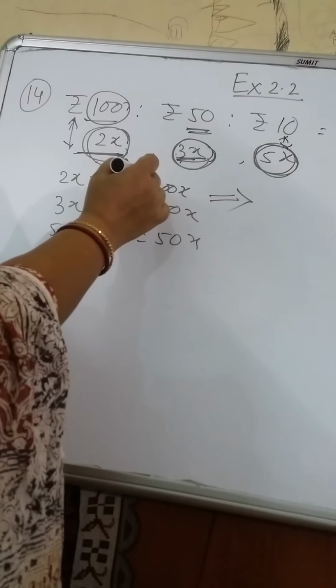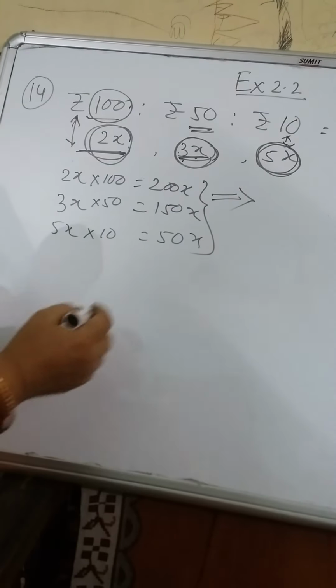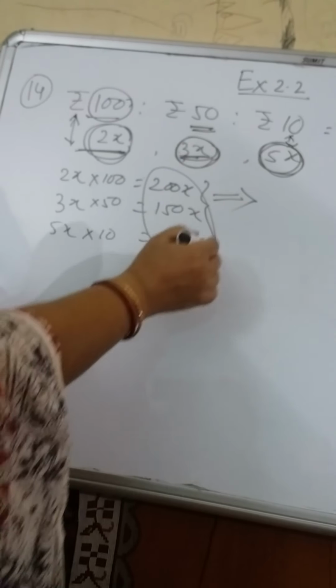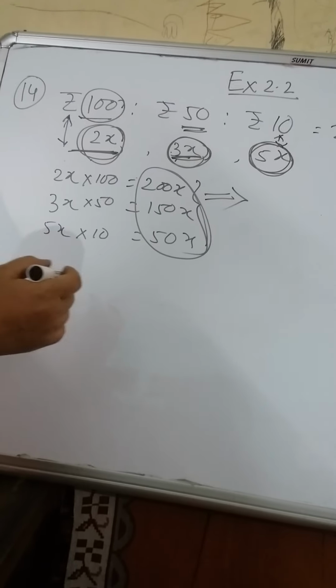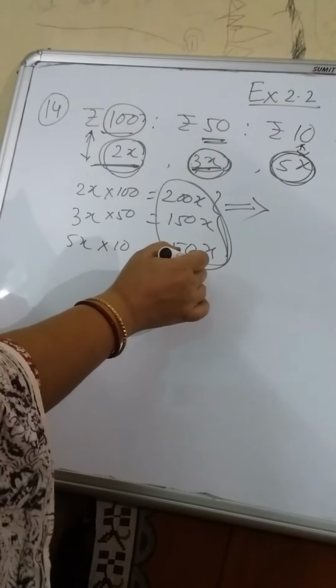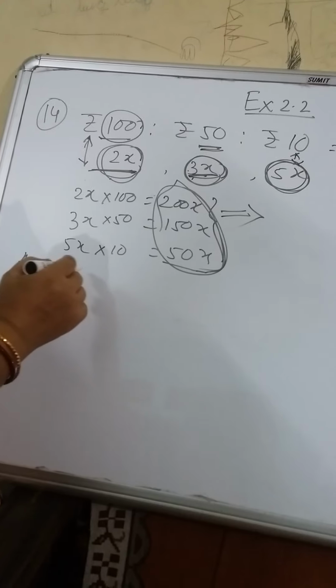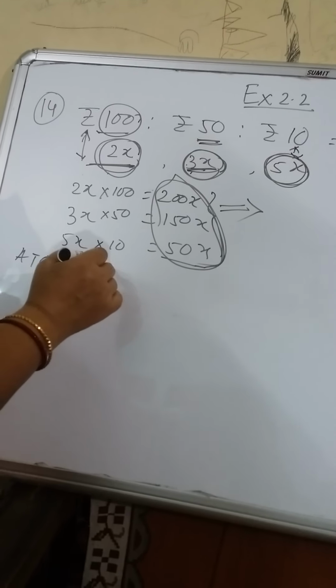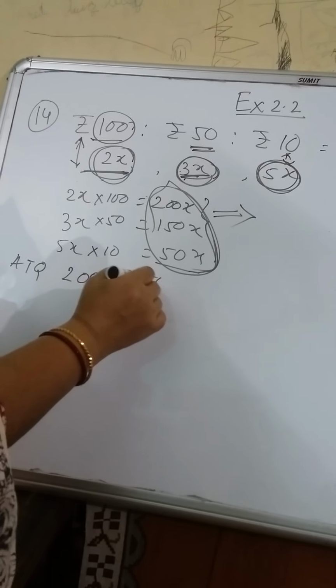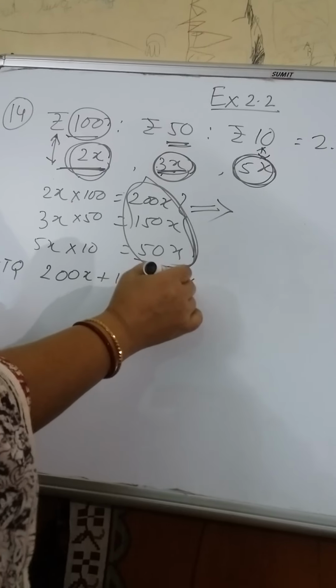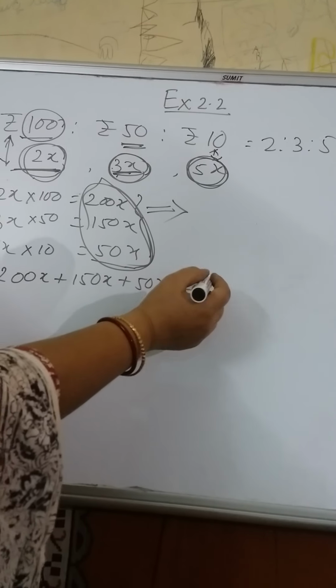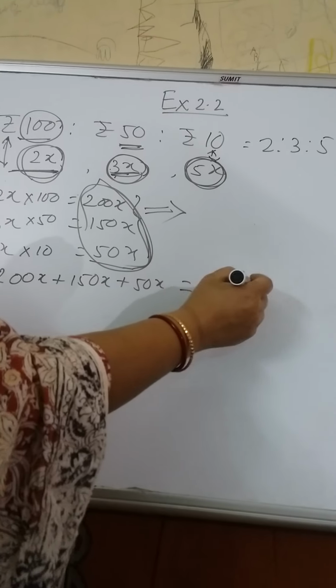Okay, so if I add them, that is the total money she has. According to the question, 200x plus 150x plus 50x equals 4 lakh.